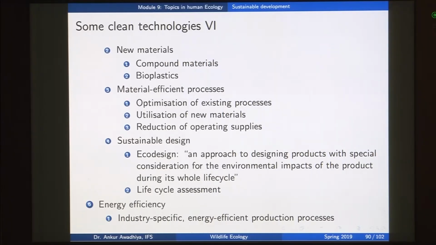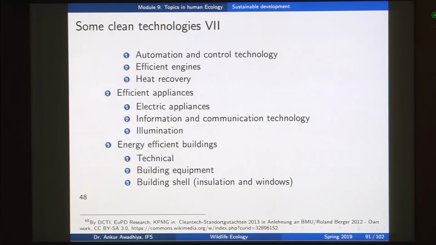Or we talk about material efficient processing, sustainable designs, eco designs, or life cycle assessment as an integral part of the designing process. Or we talk about energy efficiency, industry specific automation and control technologies, efficient engines, heat recovery, or efficient appliances, or energy efficient buildings that are now becoming a norm in our country as well.